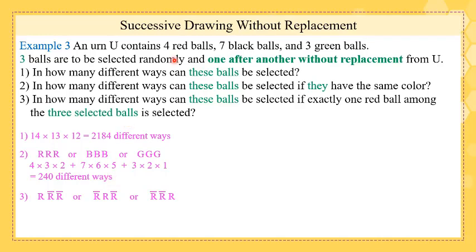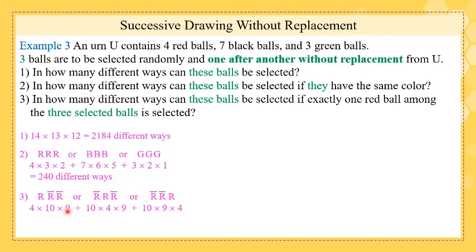Now, how do we answer such a question? Let's begin. The first one is red, so we are choosing one ball out of 4. This is 4. The second one should be non-red, so we try to divide the sample into 2 groups, the group of red and the group of non-red. In fact, we have 4 red and 10 non-red. So here we will have 10 and then we will have 9.